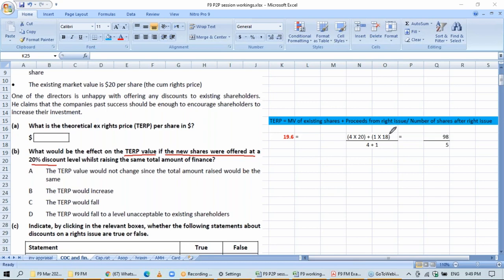So if it is offered at a 20% discount, what happens? This amount will go down. This will decline, right? And obviously this amount will also decline, right? So if these two decline in the numerator, obviously the theoretical value will also decline. So what's the correct answer? It's C. The theoretical X-right price would fall. The correct answer is C.